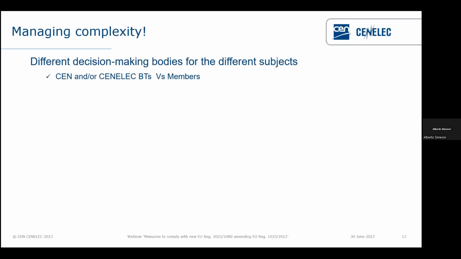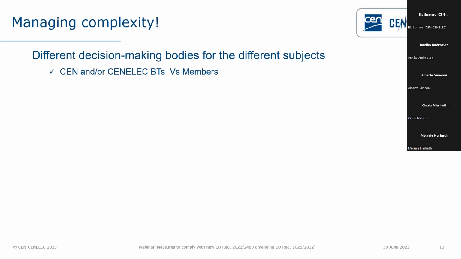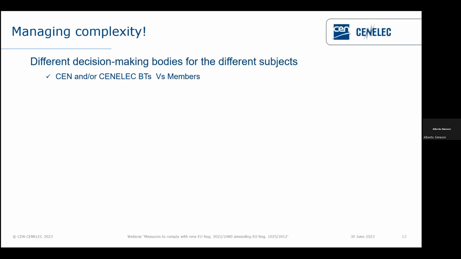Something that BT Working Group 14 on Rules and Process, which is the working group that provides a recommendation to BT for final decision, had to address is the complexity of implementing the new provisions in the new regulation 2480 for CEN and CENELEC, because we have different decision-making bodies for different subjects.